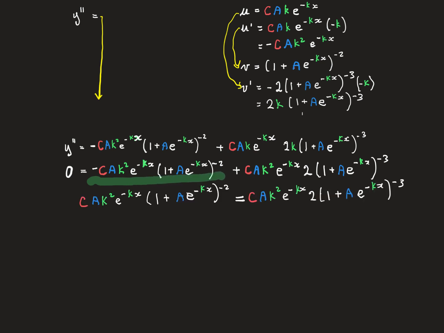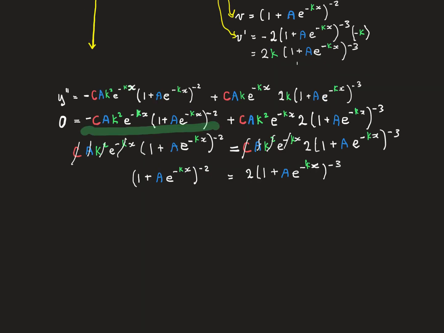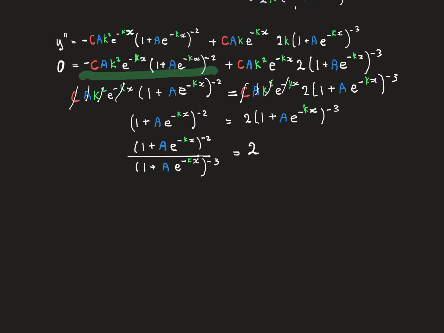This way I can cross out the C, and I can cross out the A's, and I can cross out the k squareds, and I can cross out the e to the minus kx, and all I'm left with is a little bit more rearrangement. By exchanging the numerator with the denominator, I'll get rid of the negative exponents.